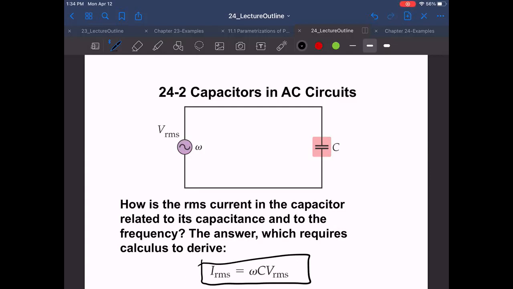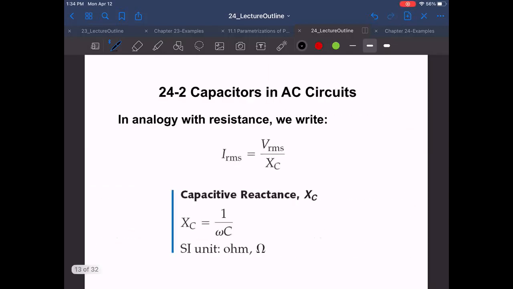Okay? And that should make sense to you because that omega is per time. So C times V is essentially charge, and then per time is current. Okay? So that's a very important one.